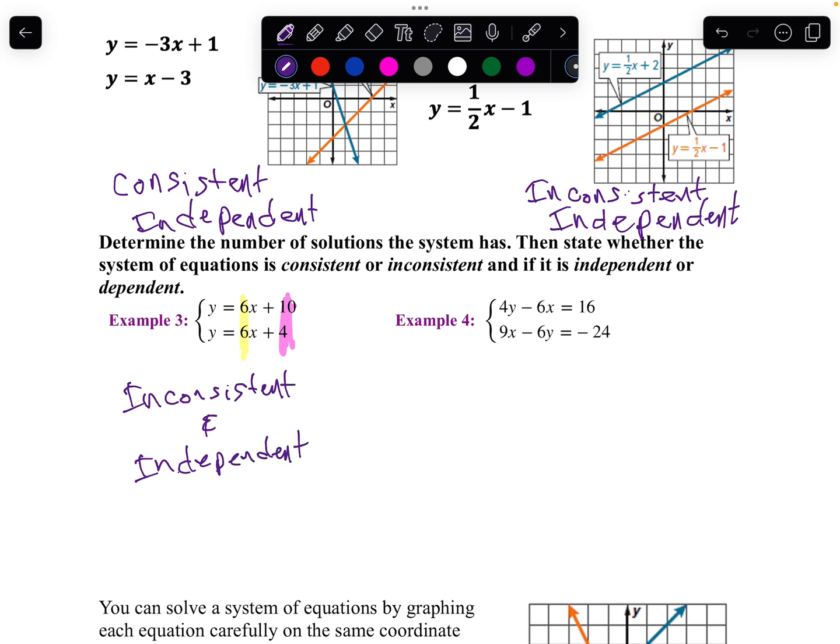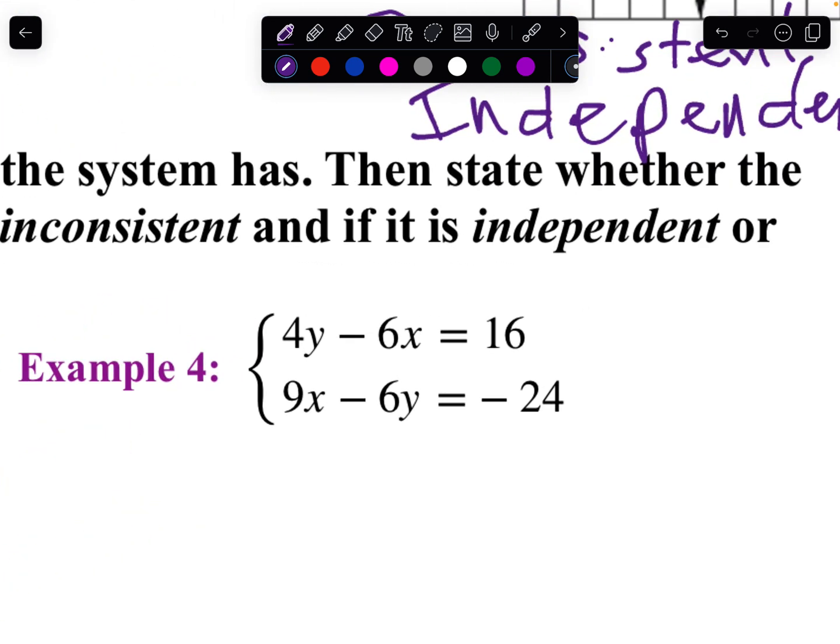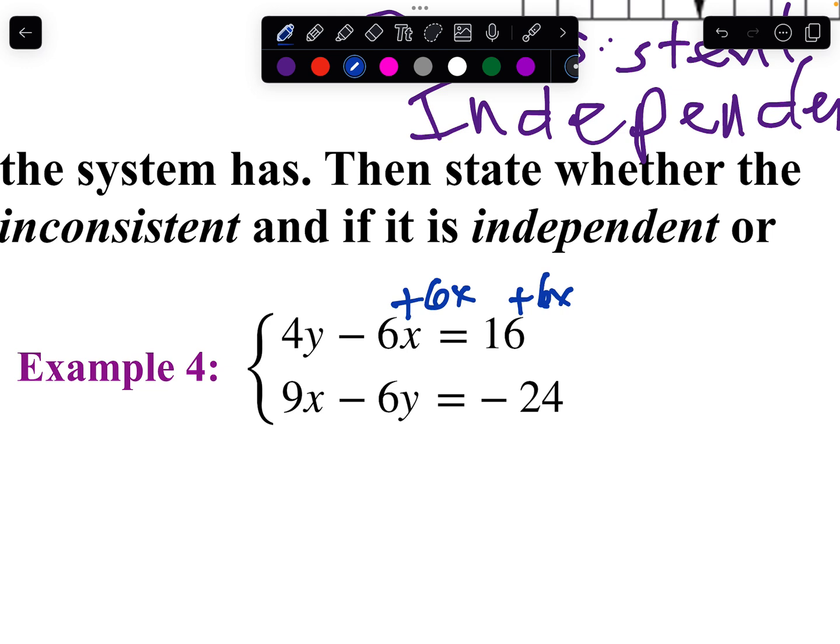So we're going to do the same thing in example 4, except notice we've got to do a little bit of work. We have to get y by itself. In the first case, I think what I'll do is add 6x to both sides. So then I'll say 4y equals 6x plus 16.